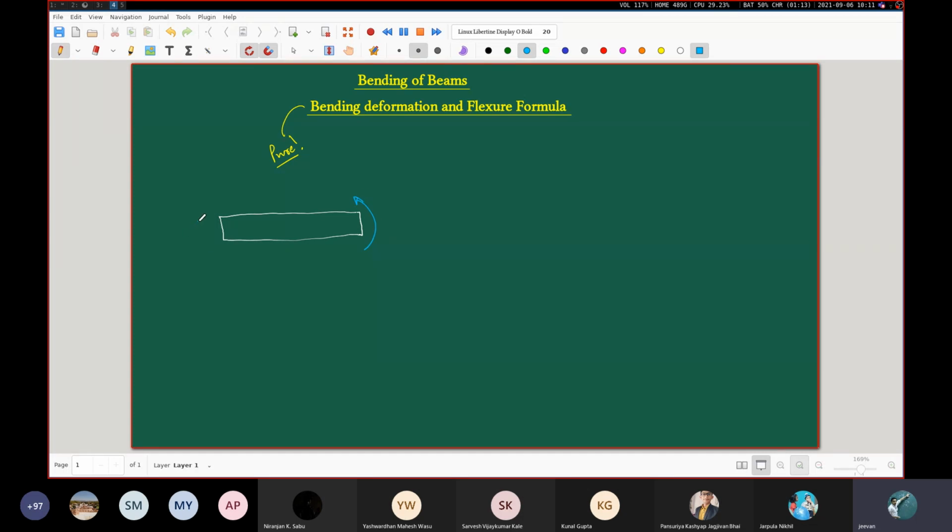We are just looking at it from the front. So when I say pure bending, I mean something like this. Now you can understand that in reality, you won't have a beam like this, which is just floating around in air. The way that I have drawn, it looks like the beam is floating around in air. It is certainly not like that.